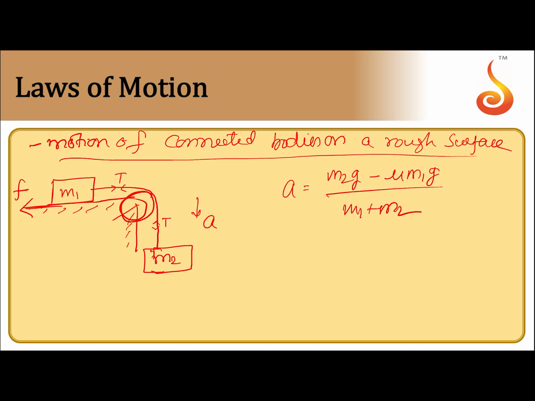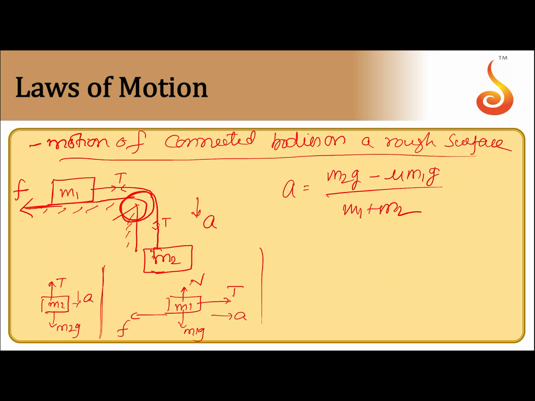Simple. We need to draw the free body diagram. On m2, the forces are m2g down, T up, and of course the system is accelerating down. On m1, the forces are m1g, normal reaction N, tension is pulling it along this direction, and force of friction is in this direction, and this system is also accelerating towards right.